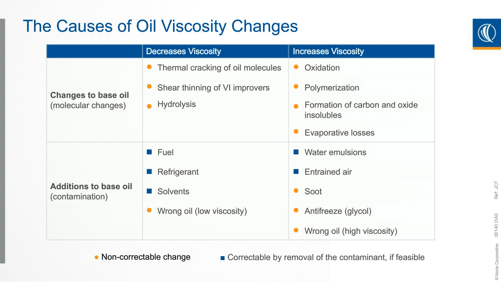And also things like soot and antifreeze, if they're contaminated into the oil, you're going to have an increase in viscosity. So when you're interpreting an oil analysis report and you're seeing these trends over time of viscosity going up or down, whatever it is, you need to be able to understand what could potentially cause that change. And then once you're trying to investigate that, you're going to be looking at other indicators, other parameters on your report or information, historical data about your machine to say which one of these may be more likely.